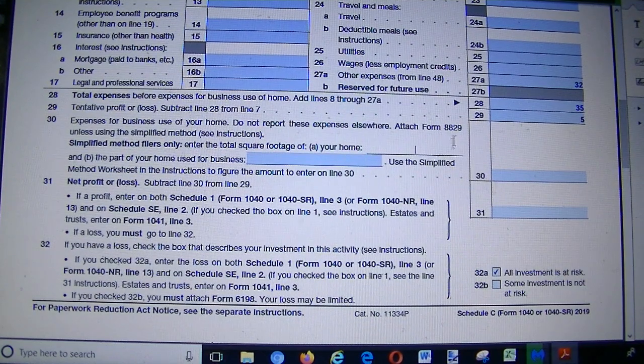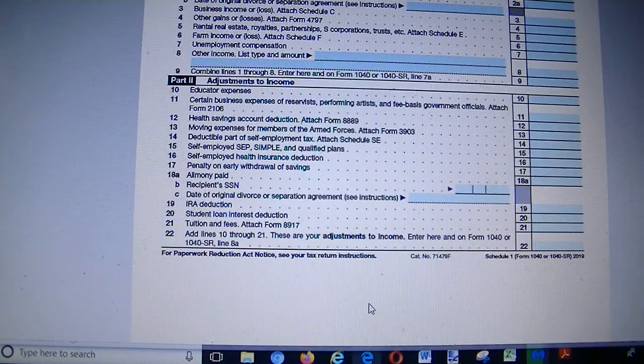Let's see if we can pull that form 8829. We are on the IRS website here.